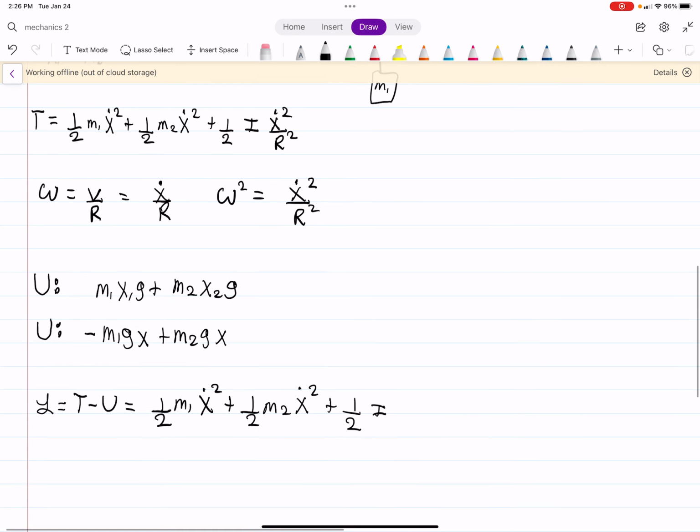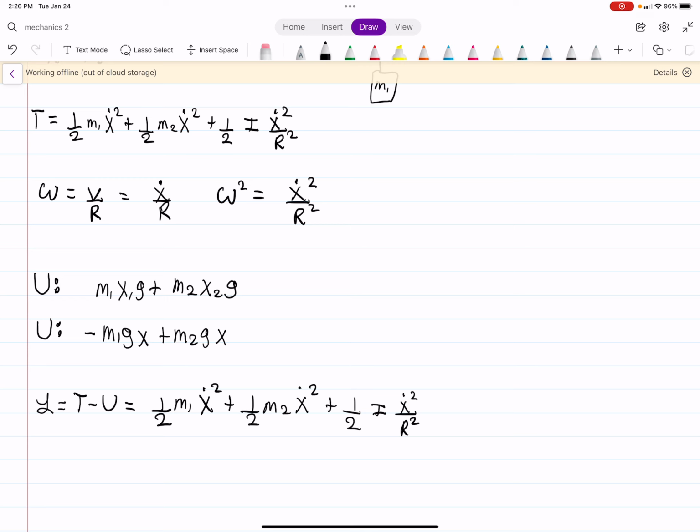I x dot squared over r squared. Okay. And then minus the potential energy, of course.